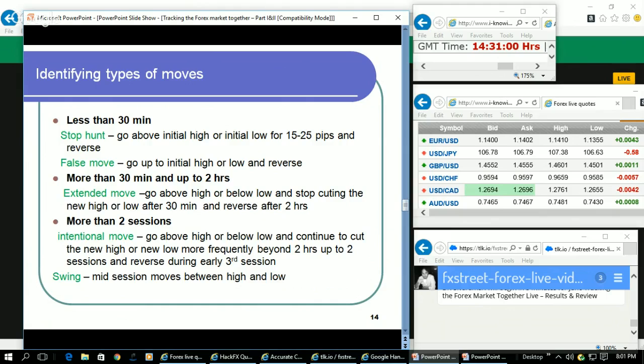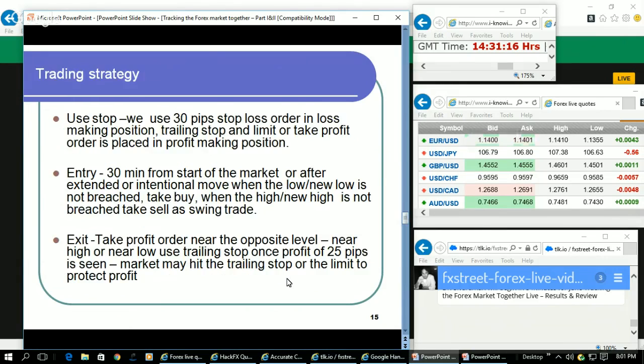In between, during the early session, they make the stop, and sometimes in the late session they make the stop, and in the gap time they make the false move, and swings during the mid session. This is how the continuity of the moves is seen during the day.